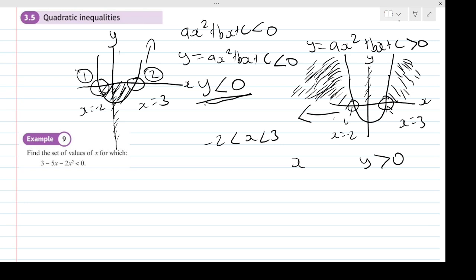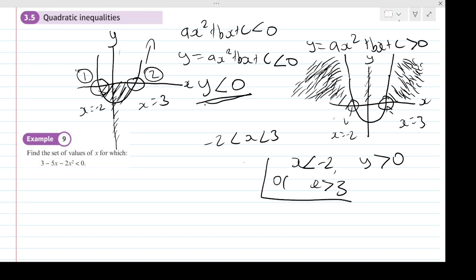If you imagine you go shading forever towards infinity, it would actually be simply all the values of x less than -2. But also on the flip side, we want it to be greater than 3. Okay, and we say or. So it could be one or the other. But either side, the left or right region I've shaded, both of those will, at the end of the day, be above 0, be positive. So y would be positive, so that would be good. And that would be your solution in this case, right?